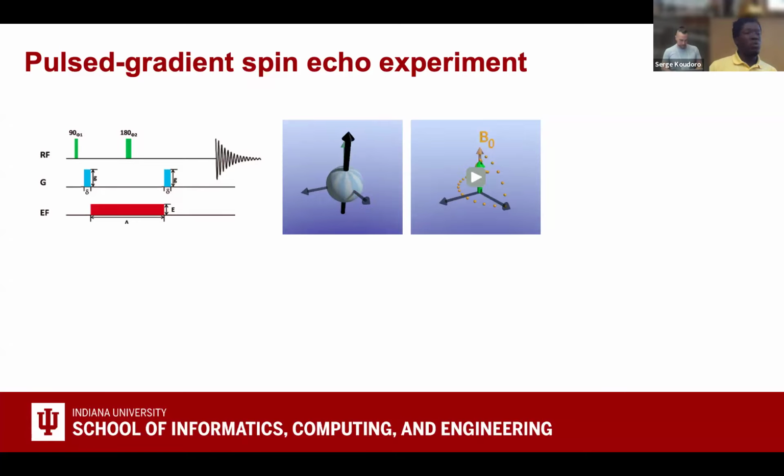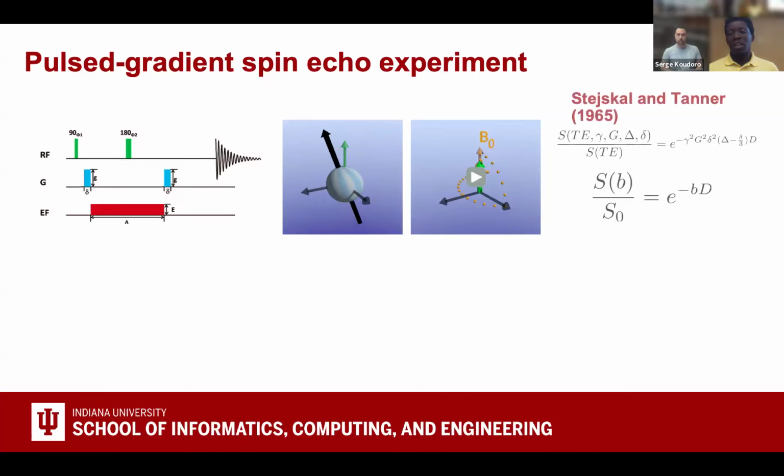We can put back to its initial state a molecule that we have excited, and this brings us to the equation that you have here. So we have S_b over S_0 equal to this exponential. S_0 here represents our molecule at state 0, and S represents the signal.